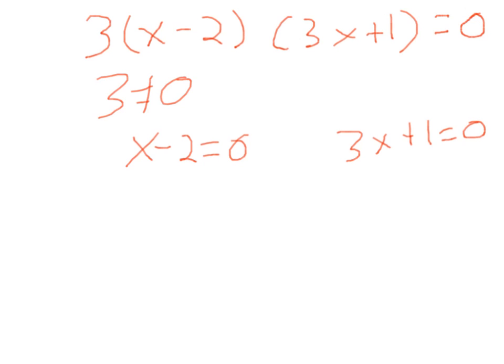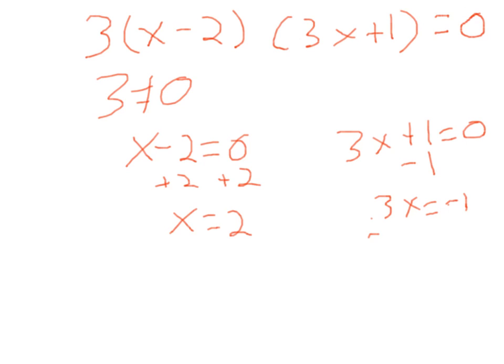Now, we can solve these equations algebraically by adding 2 to both sides on this equation, because they're 2 separate equations now. Notice that these equations are independent of each other. So this would be x equals 2, and then 3x plus 1 equals 0. We're going to do a minus 1 to begin with, and do 3x equals a negative 1.